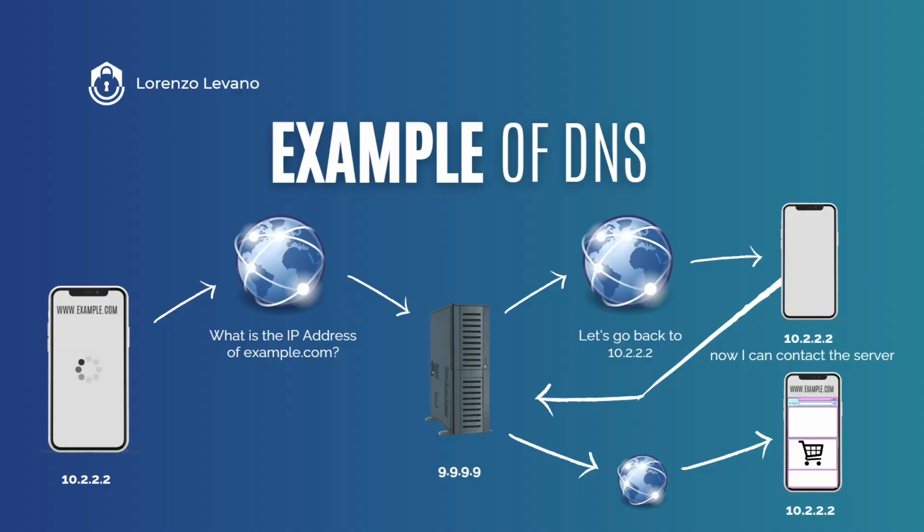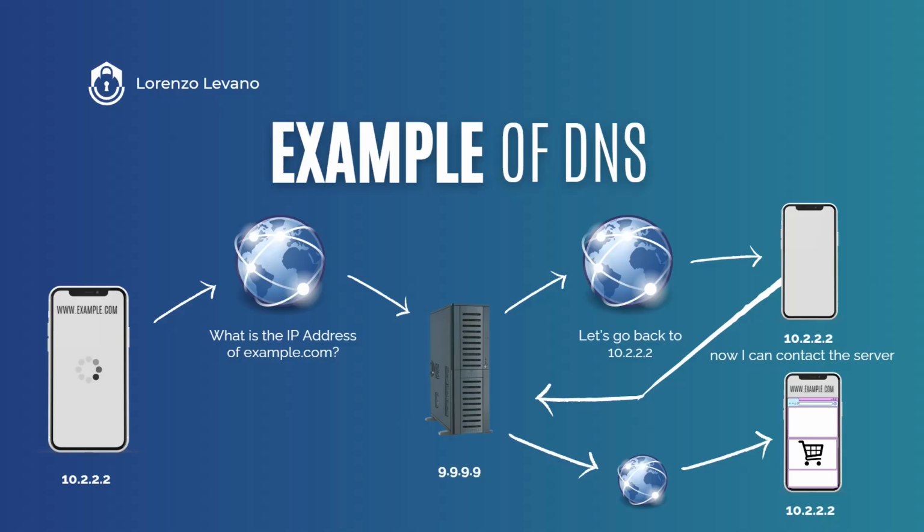Now we can connect to the server which hosts the website we want to visit. But we must go through a series of hops through the servers which compose the internet to finally reach the server which hosts the website example.com that we want to visit.